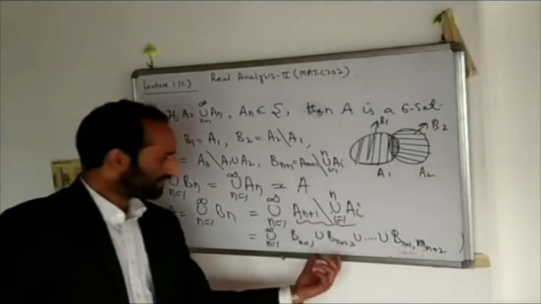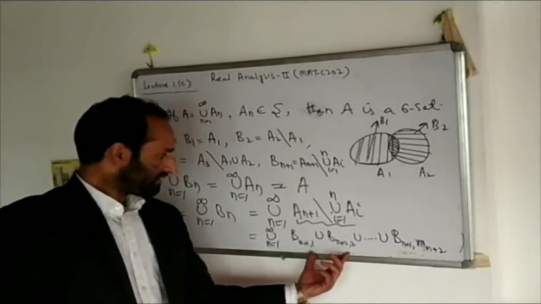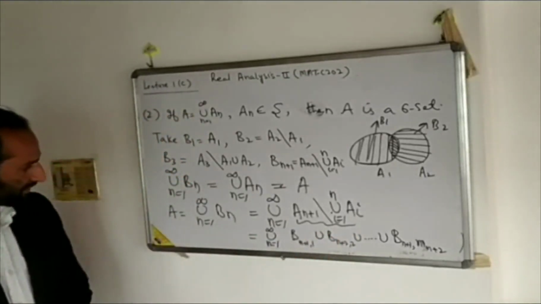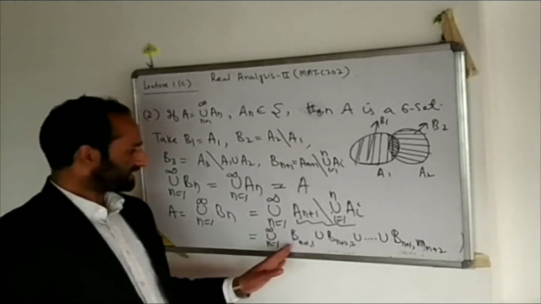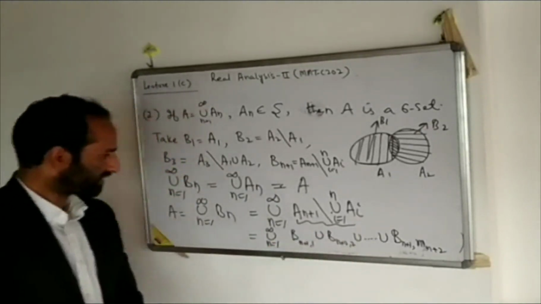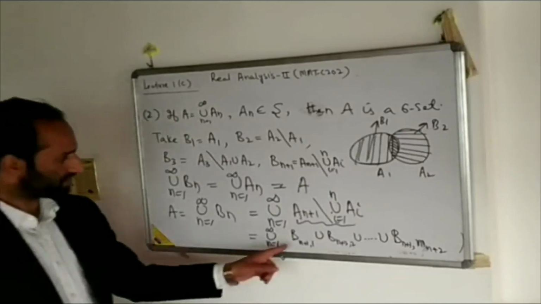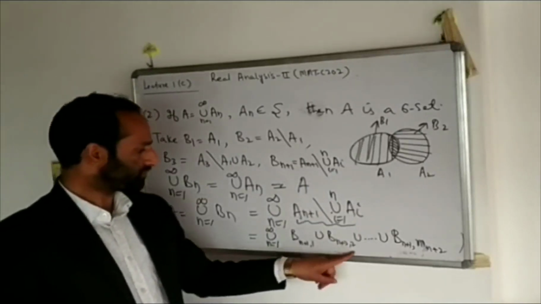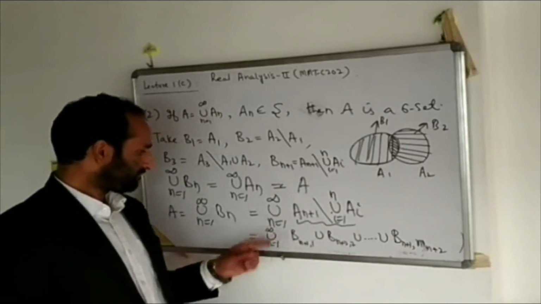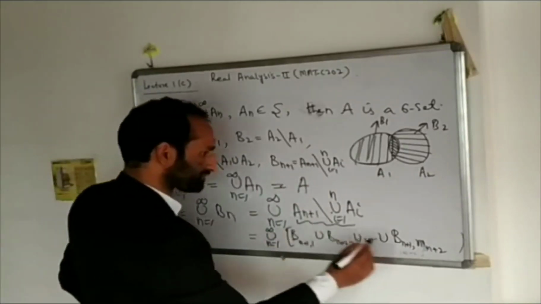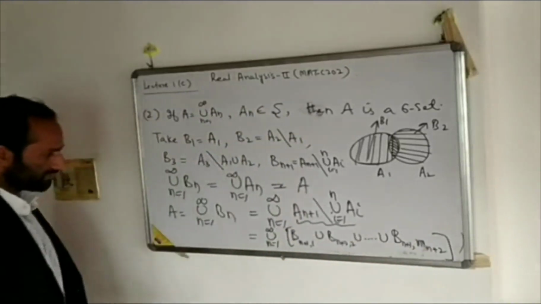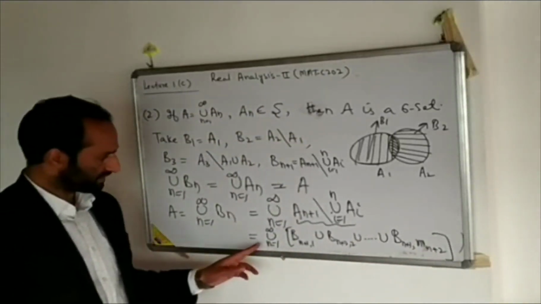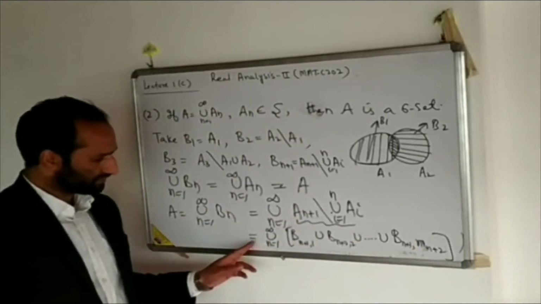And they are disjoint by the previous theorem. You can easily verify that all of them are pairwise disjoint. B(n+1,1) is disjoint from B(n+2,2). But if we expand this union here, it's actually n runs from 1 to infinity.